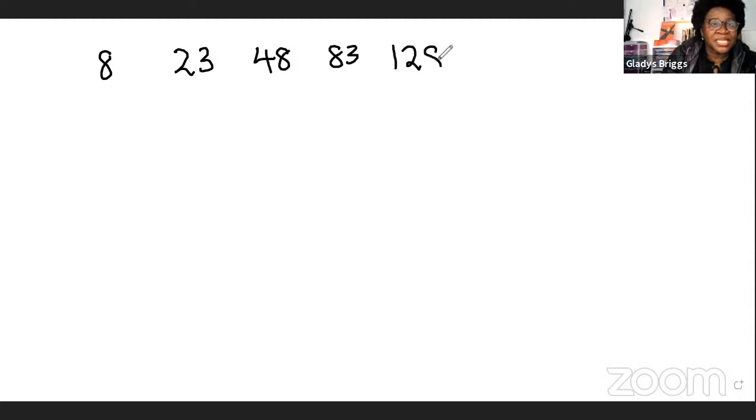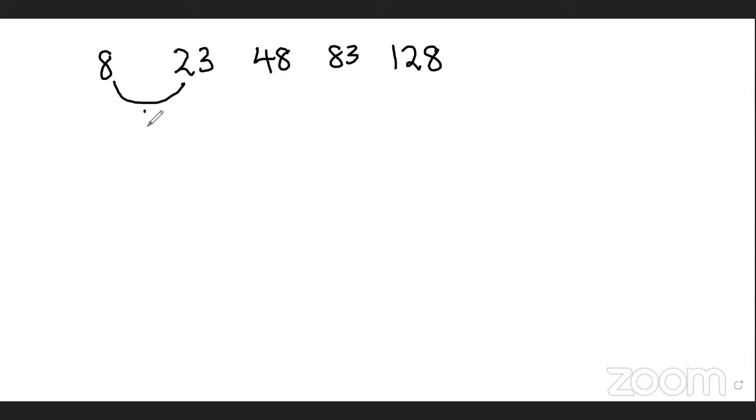Okay, so we have this sequence: 8, 23, 48, 83, 128. We worked out the first difference here. What's the first difference? Can you tell me? 15.